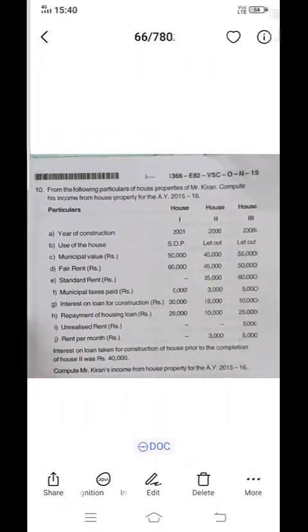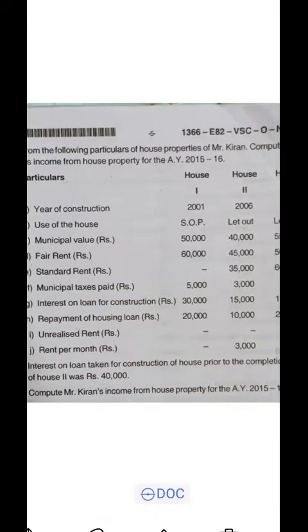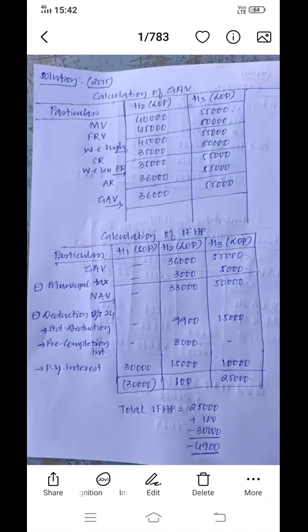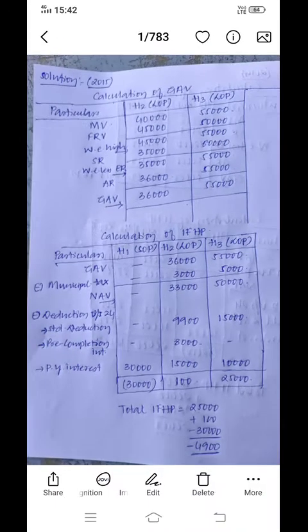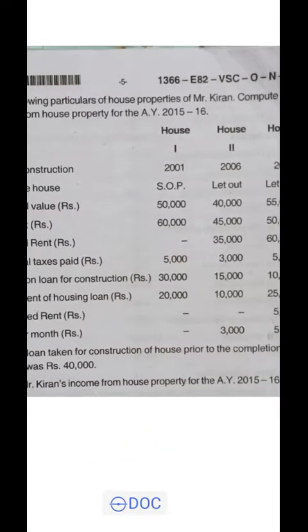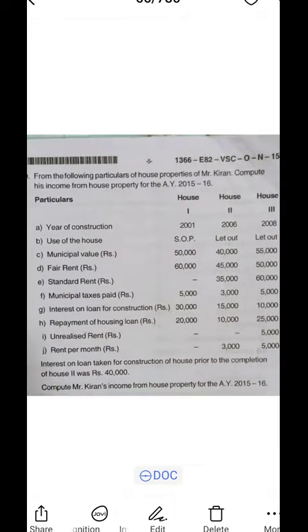House 2 has rent of 3,000 per month, so 36,000 is the rent. There is no vacancy, there is no unrealized rent for house 2, so actual rent is straight away 36,000. For house 3, rent is 5,000 per month, so 60,000.